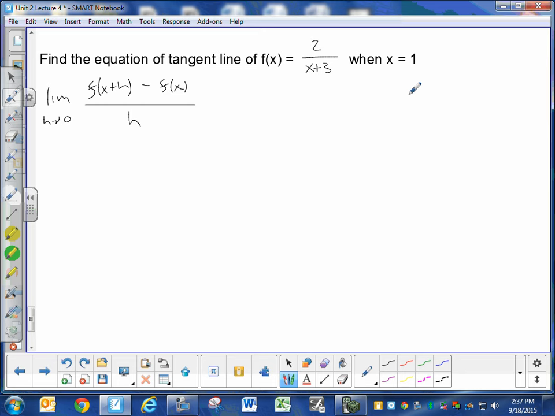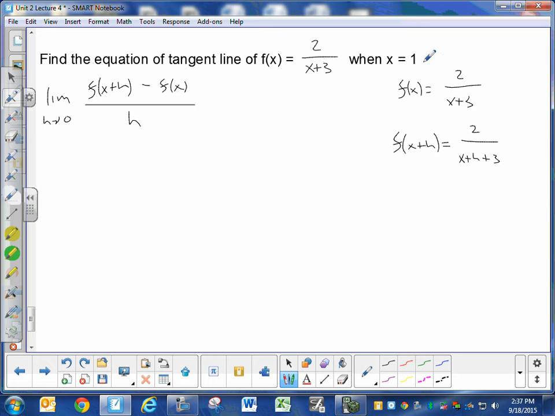We need to figure out what f of x plus h is. We know f of x is 2 over x plus 3. F of x plus h is 2 over x plus h plus 3. Whenever we see x, no matter if I had another x somewhere else, I'd have to plug in x plus h in all of those places.